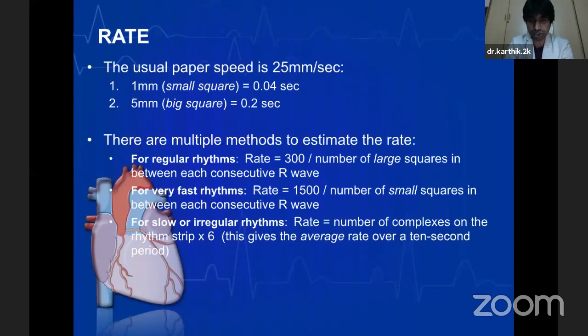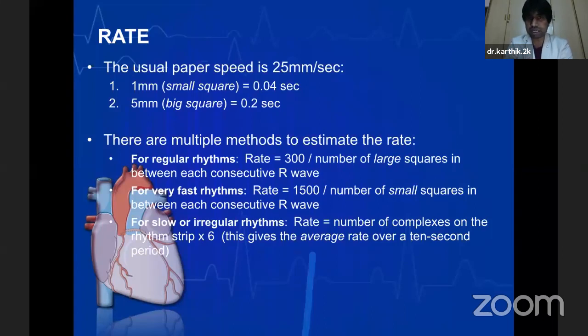After ensuring that the ECG is set at the standard settings, you start analyzing the ECG. At the usual paper speed of 25 millimeters per second, the rate of the heart is calculated as follows. A big square consists of 5 millimeters, or 25 small squares of 1 millimeter each.